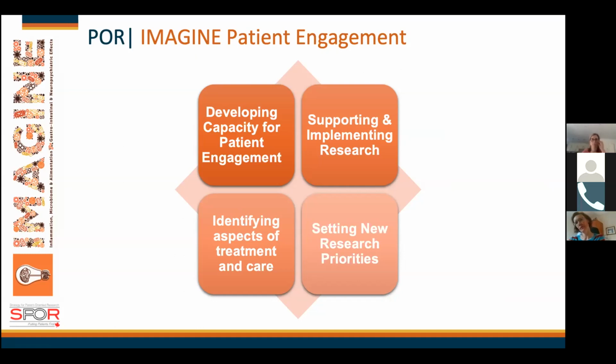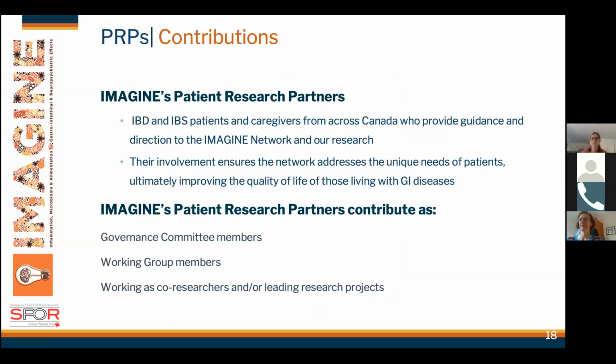We help to support and implement research, identify aspects of treatment and care, and set new research priorities. And I'll come to this in just a few minutes because we have a new project we'll be working on fairly soon, because our 5-year funding with Imagine is coming up, so we need to make sure that we're on track with our priorities moving forward.